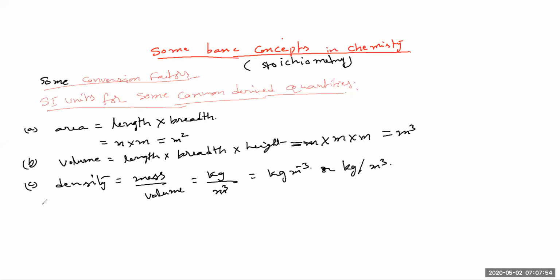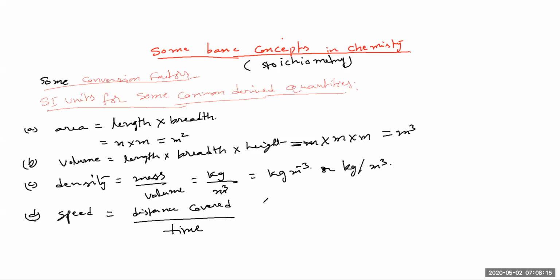Next, after density, speed. Speed is equal to velocity: distance covered by time.